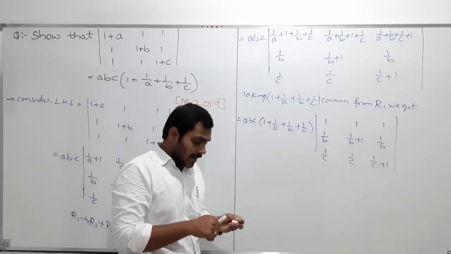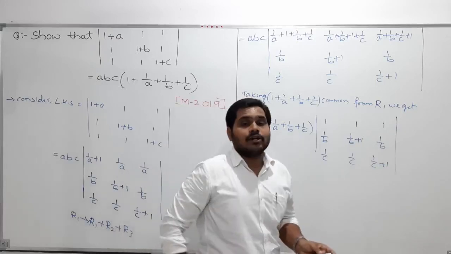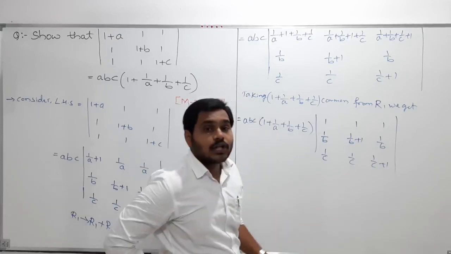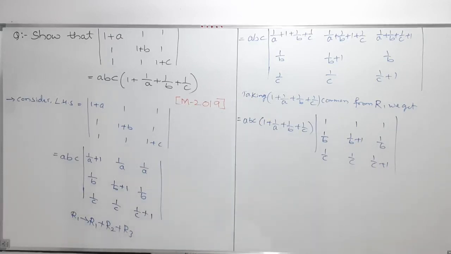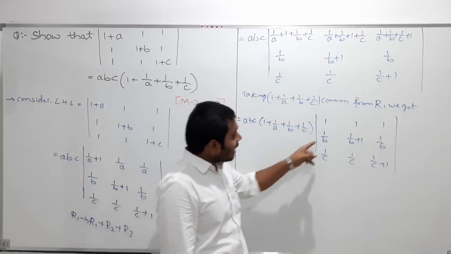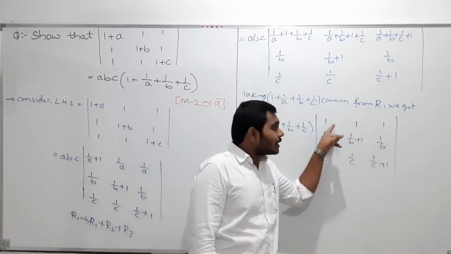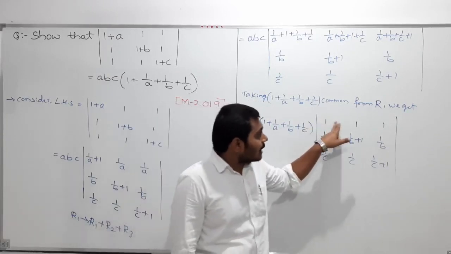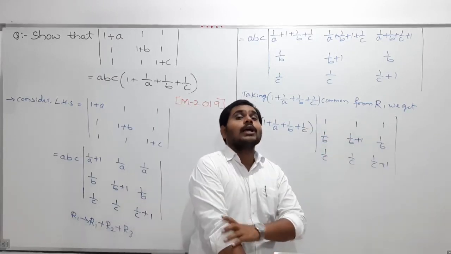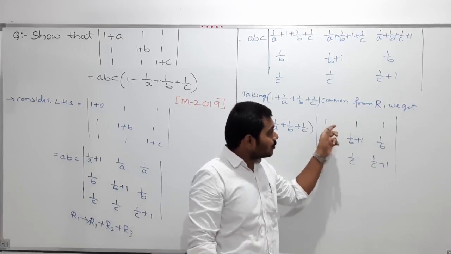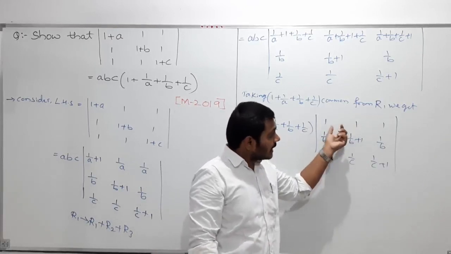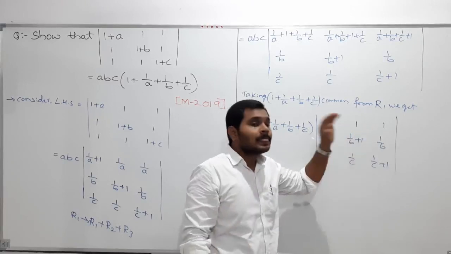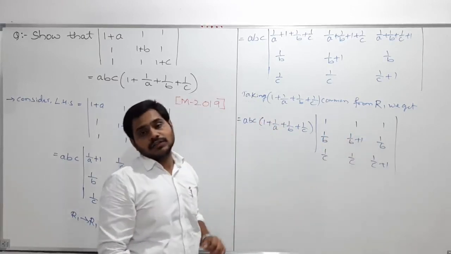So before that, in the previous videos I told you that whenever you have the elements 1, 1, 1 in any row or in any column, please try to convert the elements of that row or column into 0.